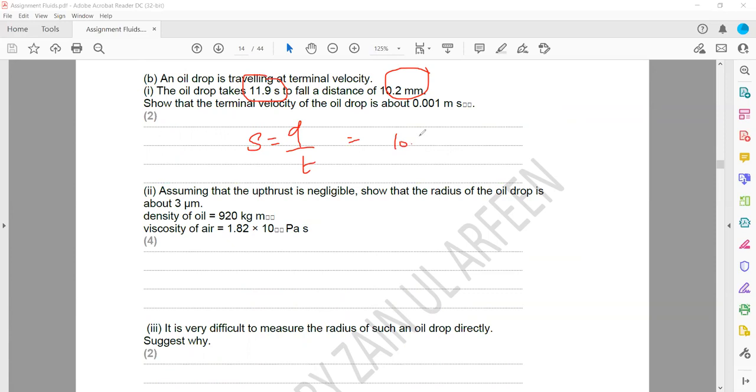So distance is 10 times 10 to the power minus 3 because it is milli, divided by 11.9 seconds. So it will be 0.0012 meter per second. Because it's a terminal velocity, that's why we directly use the formula speed is distance over time.